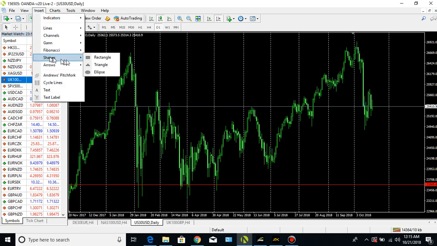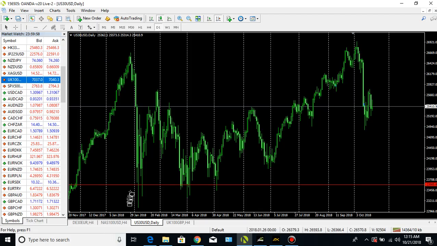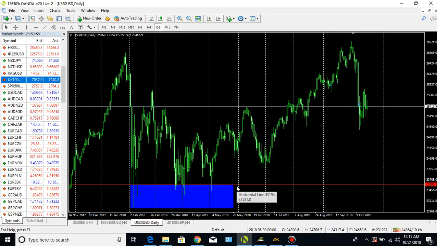So now I prefer to use those as zones. Why do I use them as zones? Simply because price will not always touch the exact point and then turn. So I prefer to use them as zones, right? Perfect. So now let's continue to explore.